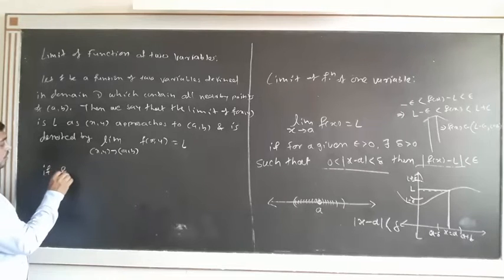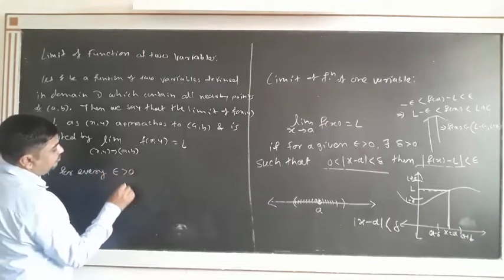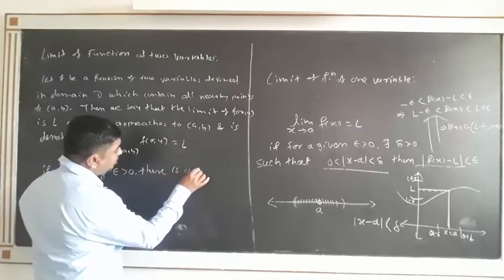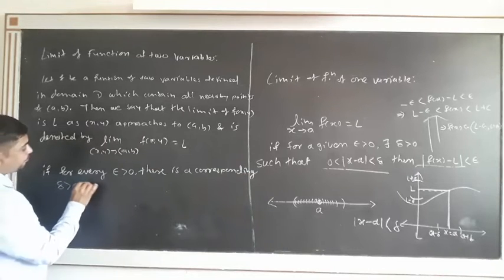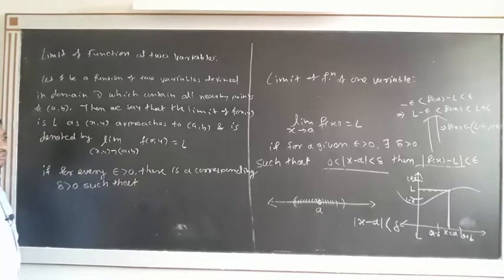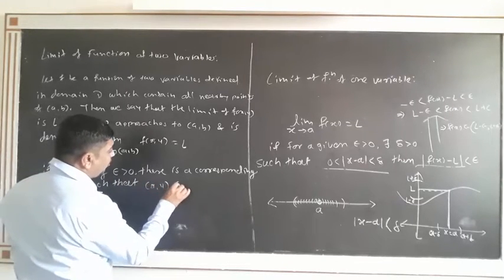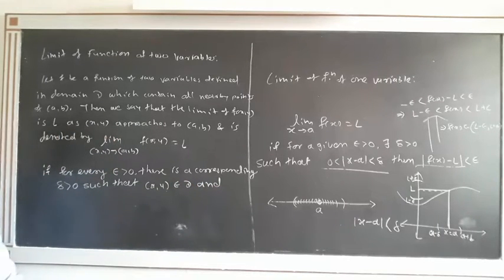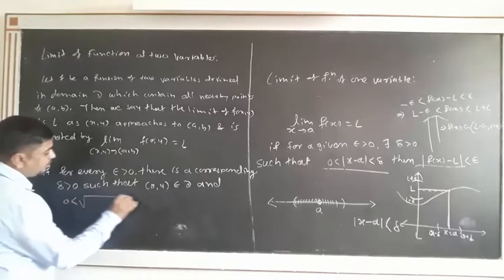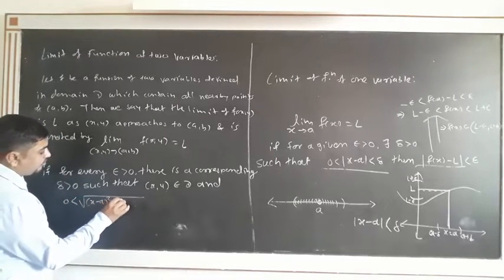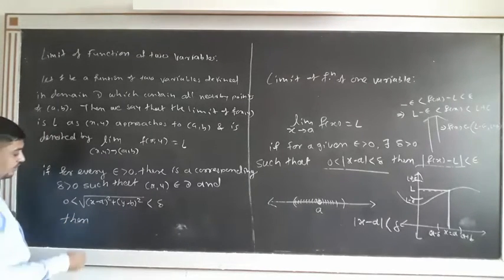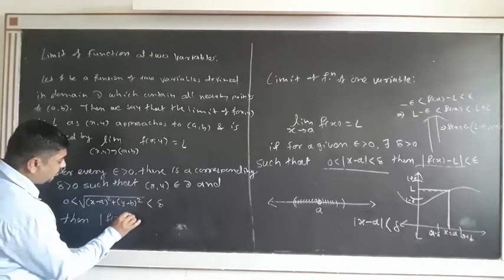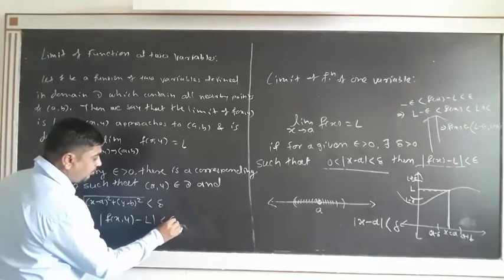for every epsilon greater than 0 there is a corresponding delta greater than 0 such that for all (x, y) belonging to D, if 0 is less than the square root of (x minus a) squared plus (y minus b) squared is less than delta, then the modulus of f of x, y minus L is less than epsilon.